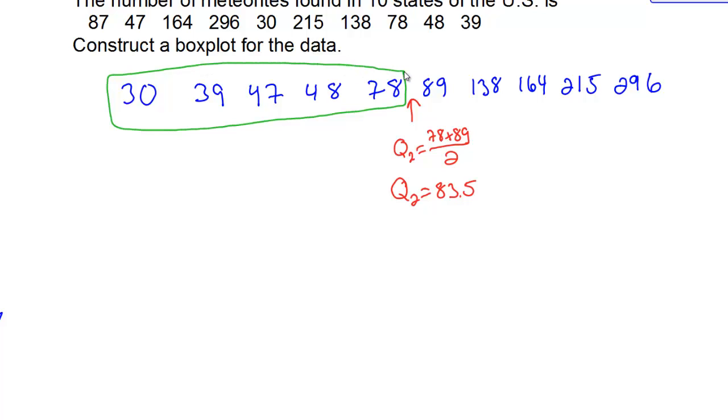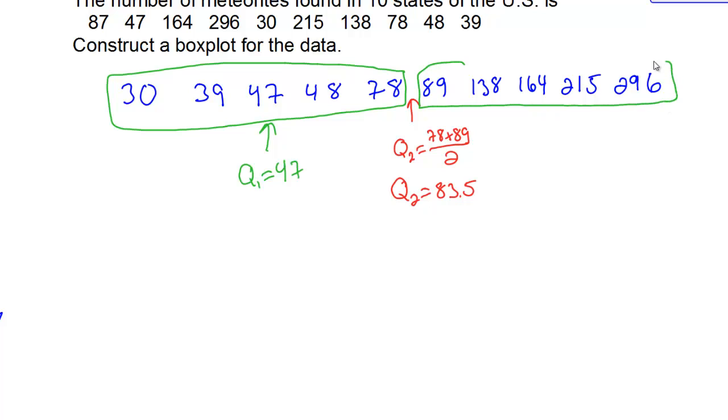Remember, I do take a 78 in that lower group because that is not Q2. I used it to find Q2, but it's not actually Q2. So I use 78 to find my Q1. So the median of this lower half of the group is going to be Q1, which is 47.